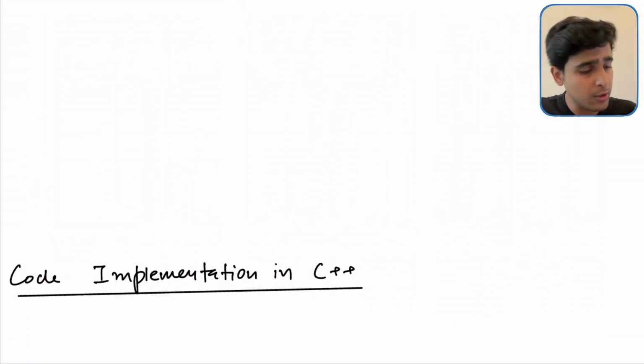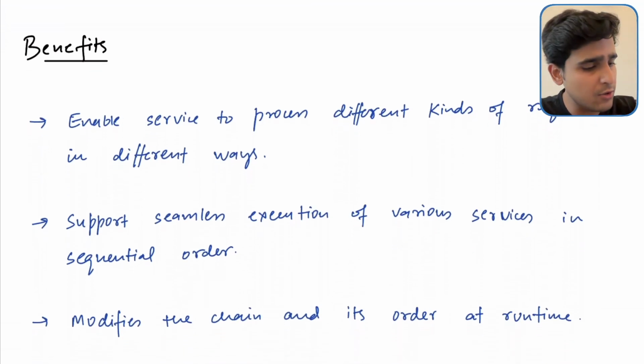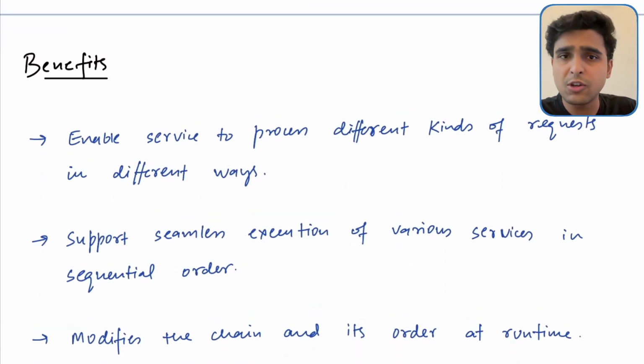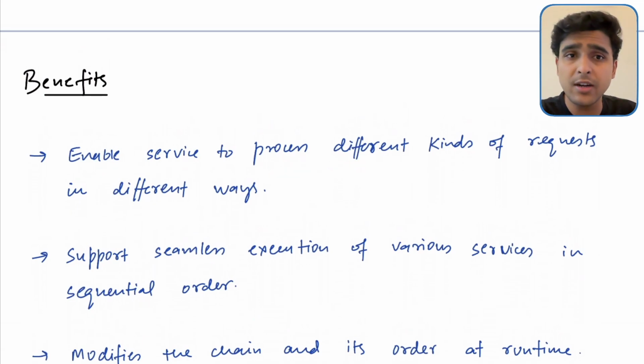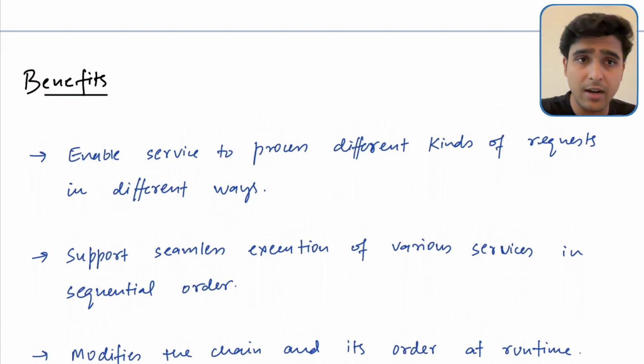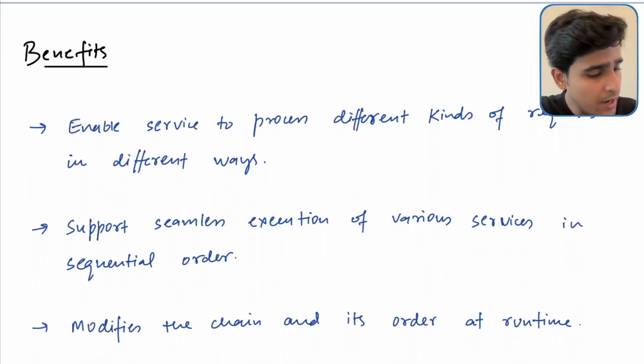Now let's come back to the final part, which is the benefits. So what are the benefits? As you can easily see, chain of responsibility enables the service to process different kinds of requests in different ways. If a request is of type basic, it will be handled by the basic support handler, and if it is of a different type, it will be handled by a different handler in a different way. Each handler is independent of the others, and it supports seamless execution of various services in sequential order.